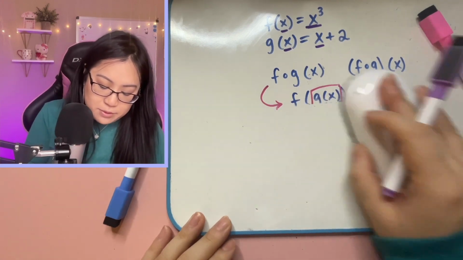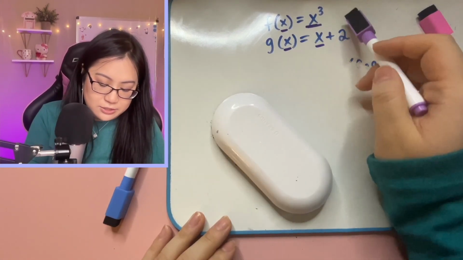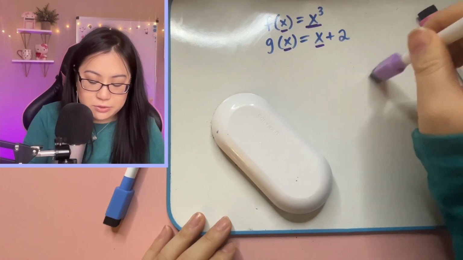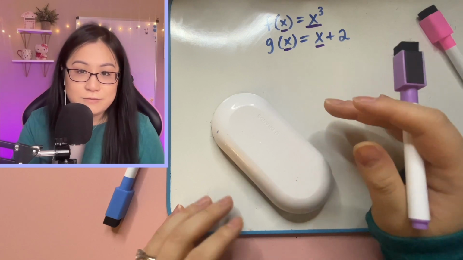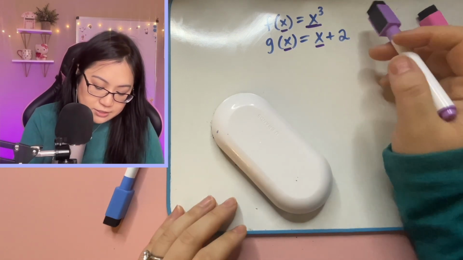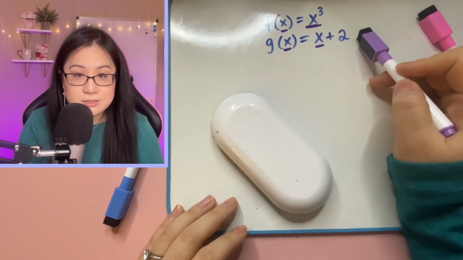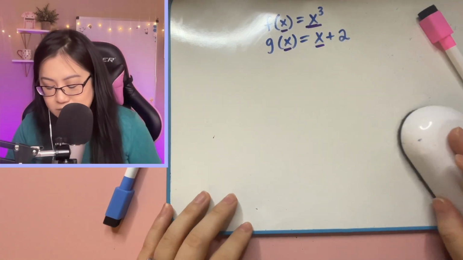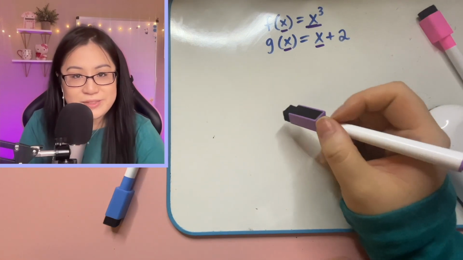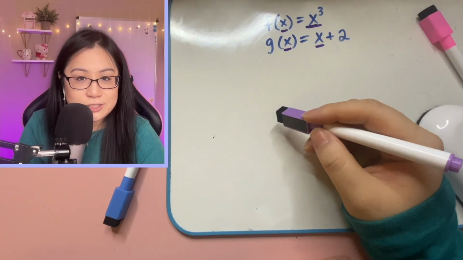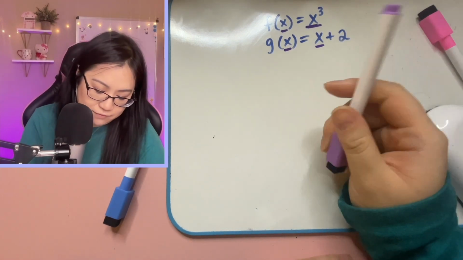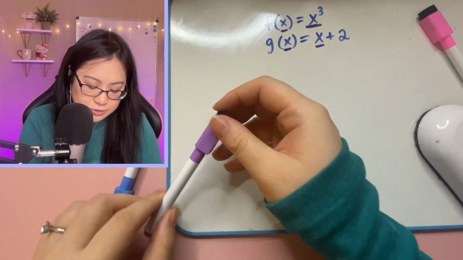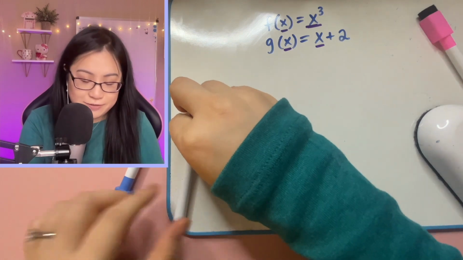But when you first learn about this idea, usually you work with more straightforward functions where the domains and ranges are from negative infinity to infinity. Like in this case, this is a linear equation, it's a polynomial, so we're good to go there. It's totally okay, but that's just something to consider should you work with this further in future classes or as you learn about other types of functions.